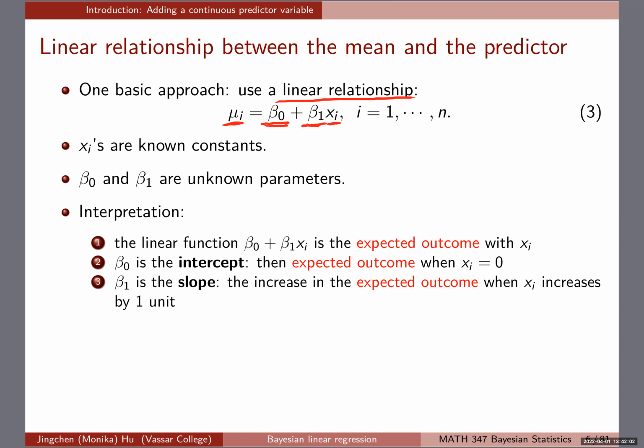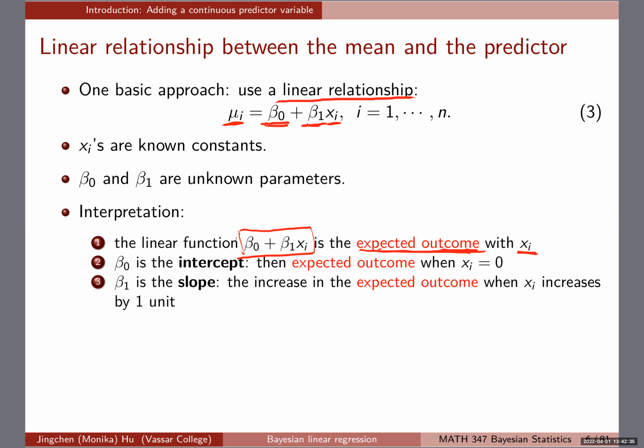So think about the log income of each record xi. And the mu i, as we know, is the average for each of the observations in the normal model. In terms of interpretation, which shouldn't be very different from what you have seen before if you have taken anything related to regression, this linear function, which is the sum of beta 0 and beta 1 times xi, is going to be the expected outcome given xi for the observation yi.